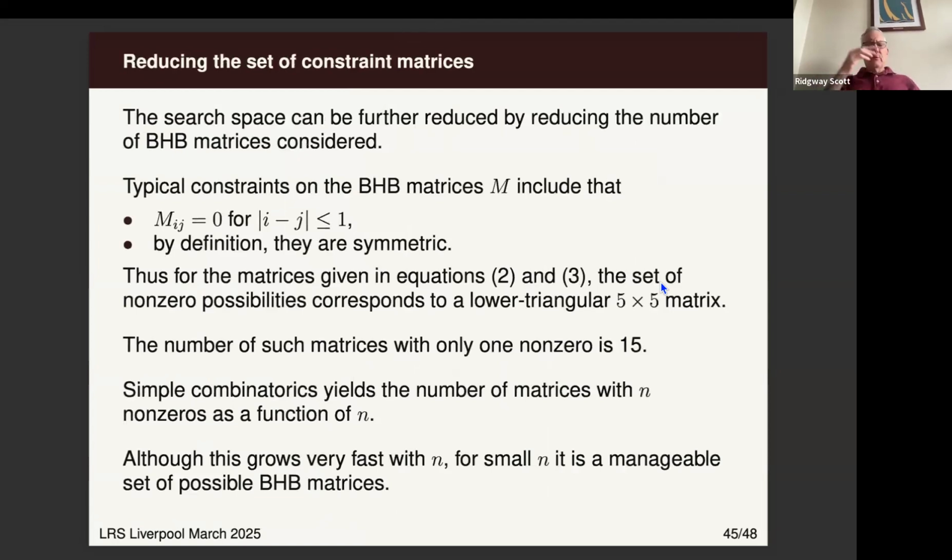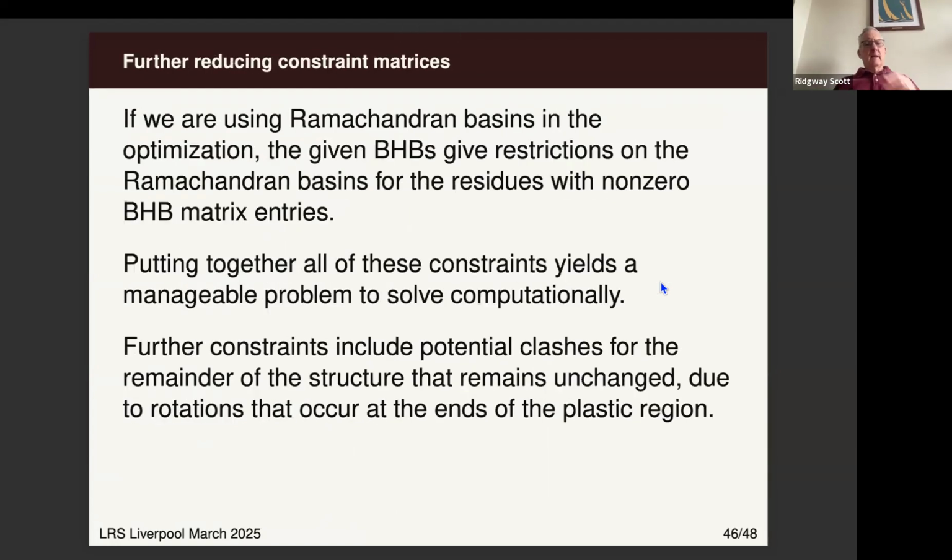So there's quite a bit you can do to reduce the hydrogen bond network matrices, and so I'll leave that for more reading in depth. And if you use Ramachandran basins, then that makes it all very computationally manageable.